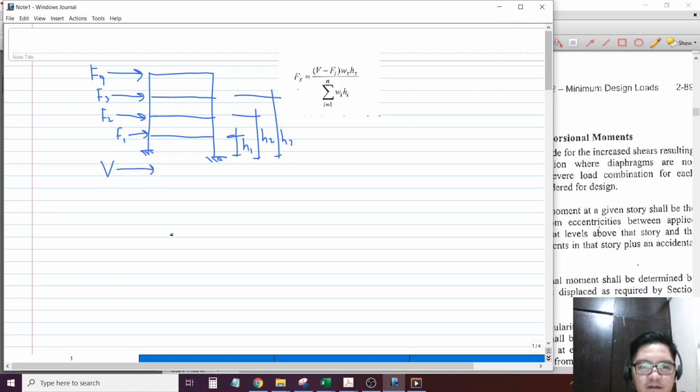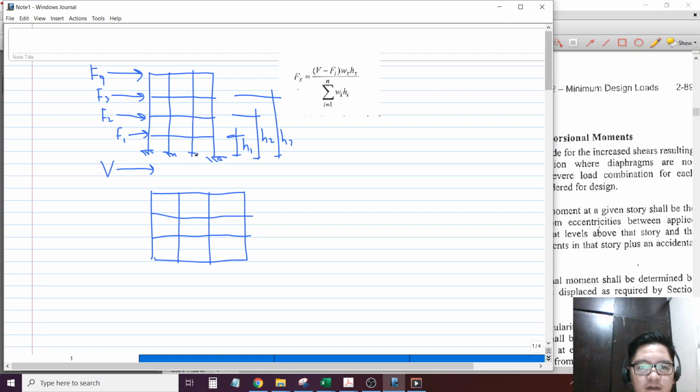Siyempre, plan-wise, ito yung itsura ng building natin. For example, say, plan-wise, this is the second floor framing plan. Itong F1 na to, which is acting sa second floor, is say ito.